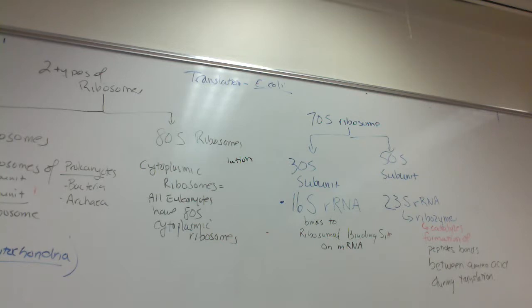Good. But you folks, what are these little coconuts? Those are ribosomes, right? Okay. So when we have multiple ribosomes translating an mRNA at the same time, it has a fancy name. It's called a polyribosome or a polysome.